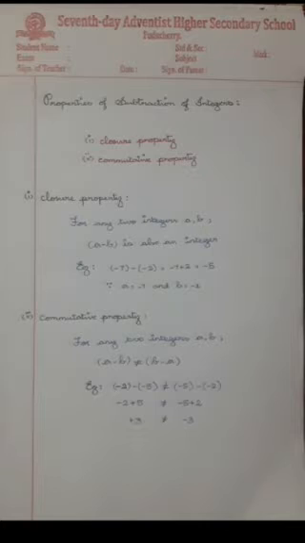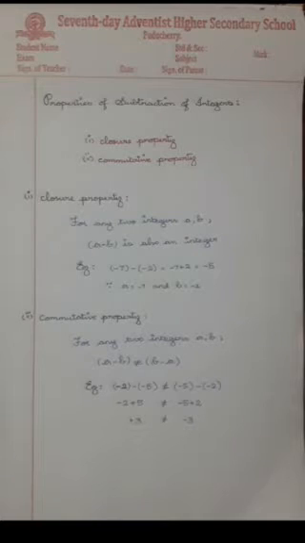For example, when you take a as minus 2 and b as minus 5 on one side, and on the other side you take a as minus 5 and b as minus 2. It means that we are interchanging a and b on the left hand side as well as on the right hand side. But after doing the subtraction, we can find that on the left hand side we have plus 3 and on the right hand side we have minus 3. It means that the subtraction of integers is not commutative.